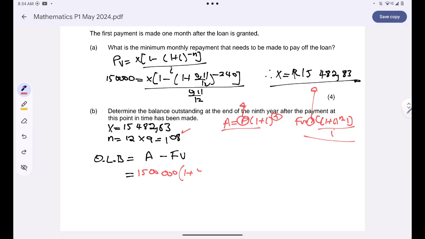So whenever I substitute here, I'll simply say 1,500,000 times 1 plus 0.11 over 12 all raised to the power 108, minus the value of X, which is 15,482.83, times 1 plus 0.11 over 12 all raised to the power 108 minus 1 over I. This will give me the outstanding loan balance.